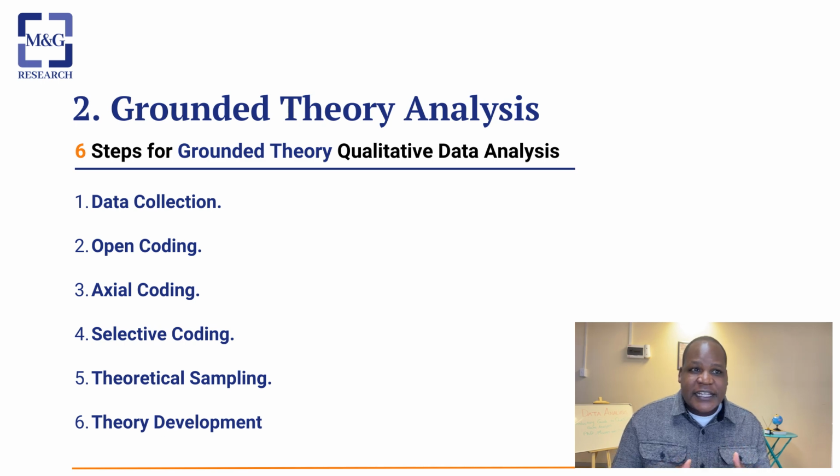So there are basically 6 steps as well, just like in thematic analysis. These 6 steps include data collection, open coding, axial coding, selective coding, theoretical sampling, and theory development, which is the last stage.